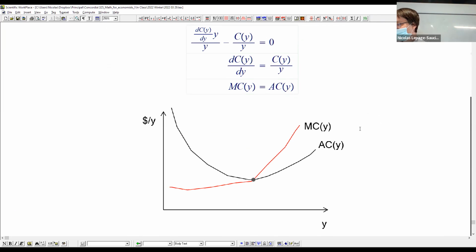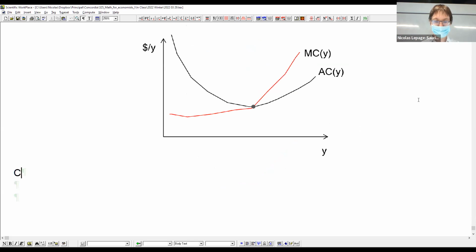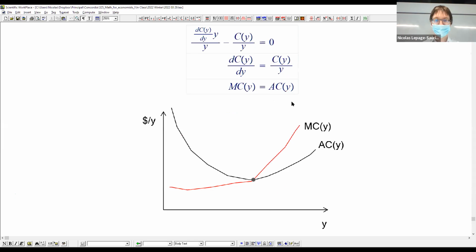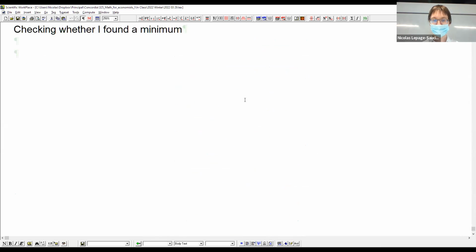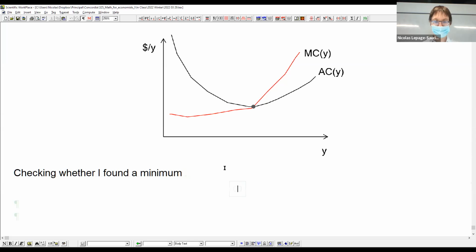Okay, so what could I do? I can check whether I have a minimum, because that's what I was looking for. I was looking at the minimum of the average cost, so I want to be sure that this is the case. So again, let's take a second derivative.